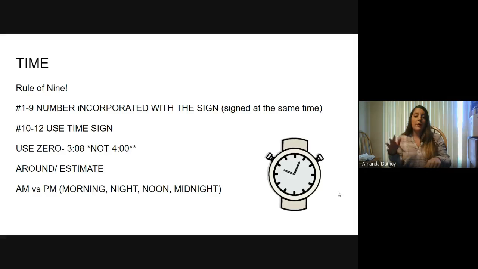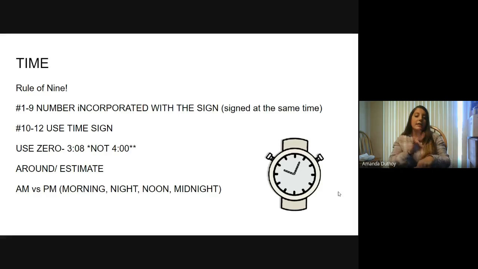And then for 10 through 12, you sign time, 10, time, 11, time, 12. When you're talking about 3:08 or 5:07, things like that, you use a 0. So 3:08, you do use that 0. Only for numbers that aren't even, like 4 o'clock, 5 o'clock, 6 o'clock, 7.